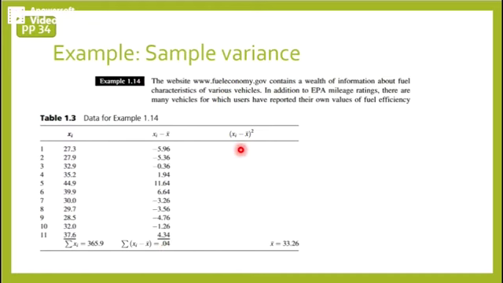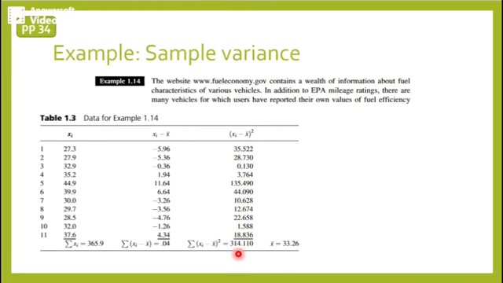Then we take the square of each of these deviations from the mean. And that is what we get. All positive. Then if we sum this together, we get the sum of the squared deviations.